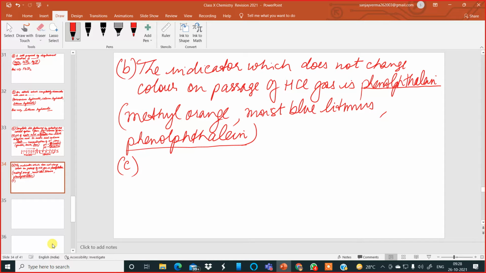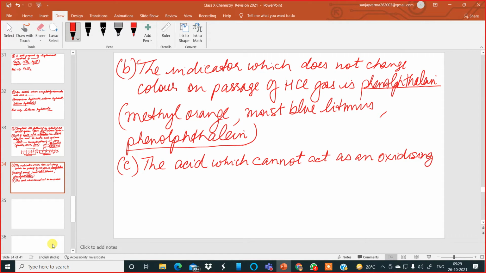4C. The acid which cannot act as an oxidizing agent is blank.